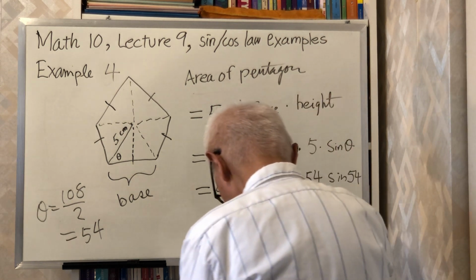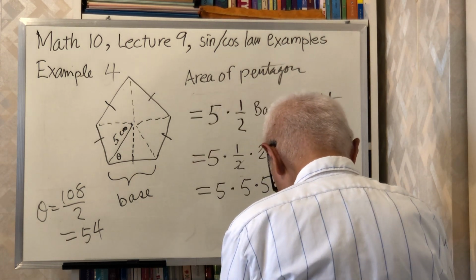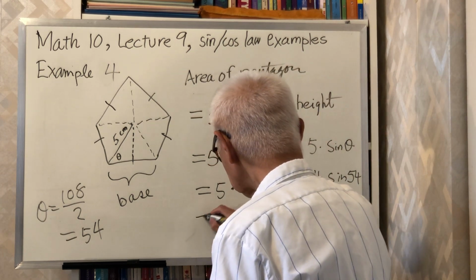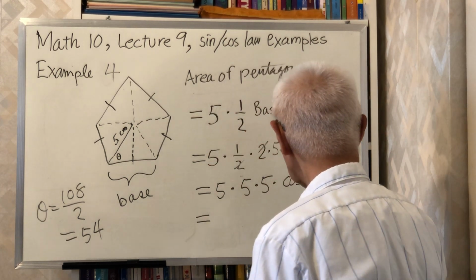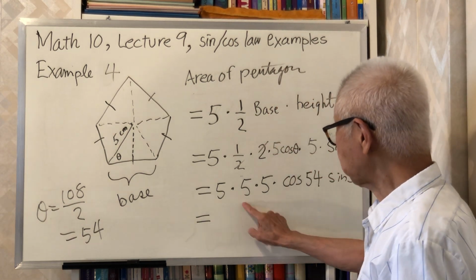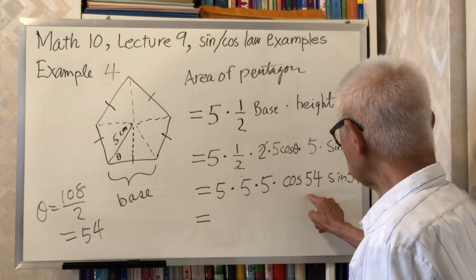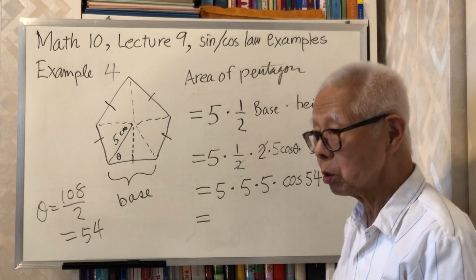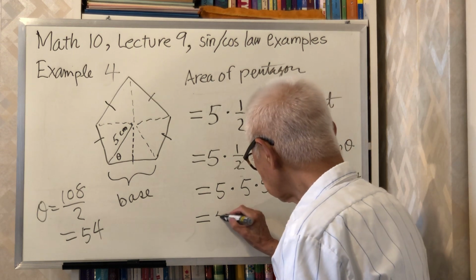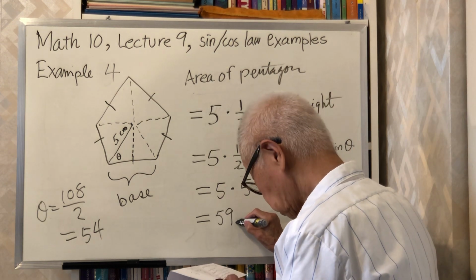Now I should be right. Okay, so what do you get? Use your calculator in one step: 5 times 5 times 5 times cosine 54 times sine 54. Use it in one step, and then you get 59 point something.